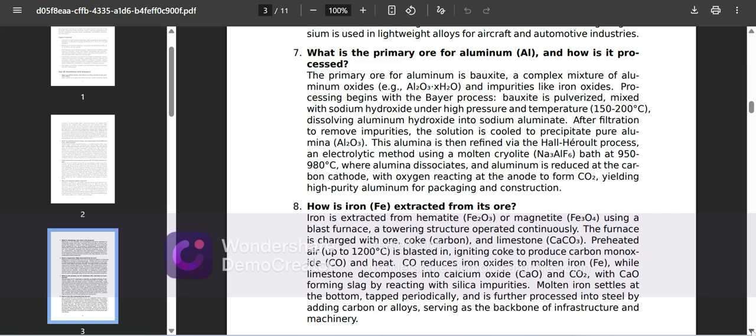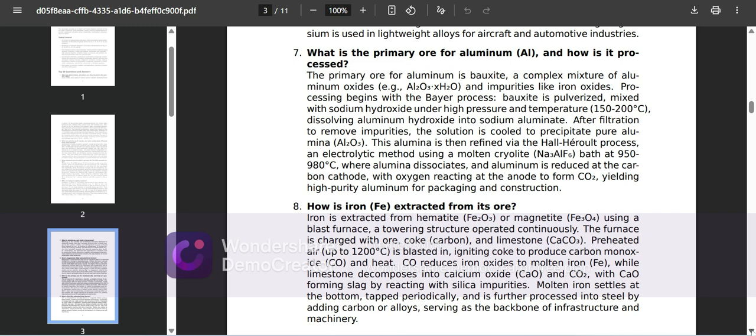Bauxite is pulverized and mixed with sodium hydroxide under high pressure and temperature, 150 to 200 degrees Celsius, dissolving aluminium hydroxide into sodium aluminate after filtration to remove impurities. The solution is cooled to precipitate pure alumina, Al2O3.